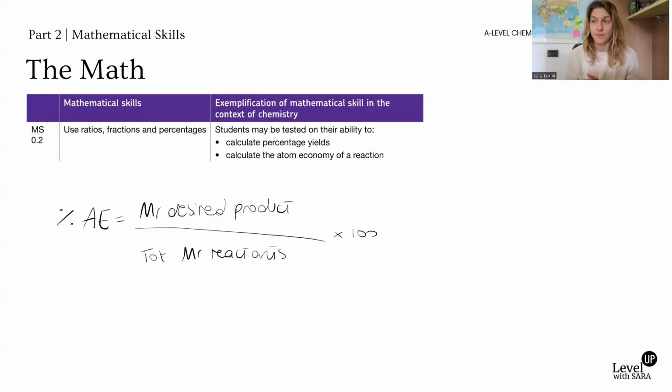It's another fraction of how much of your product is present, like it's obtained, compared to the total amount that you've used. So it's about the conversion from your reactants into the desired product. Of course, atom economy then gives us an idea of waste, so it's used a lot in discussions about sustainability. But in mathematical skills, notice how those are just simple fractions, okay?